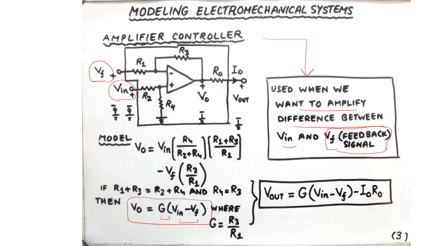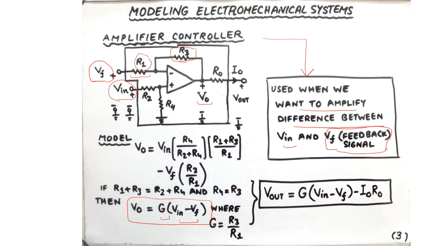Now, understanding this circuit is not that difficult. Again, we have a negative feedback op-amp based circuit. So the output of the op-amp is fed back to the negative terminal with the help of resistance R3. The other end of the negative input terminal of the op-amp is connected to Vf, the feedback voltage, with the help of resistance R1.